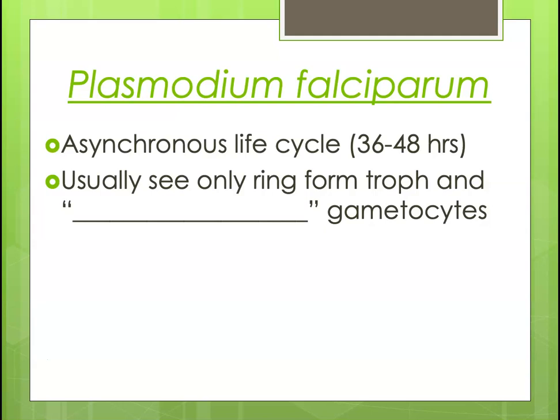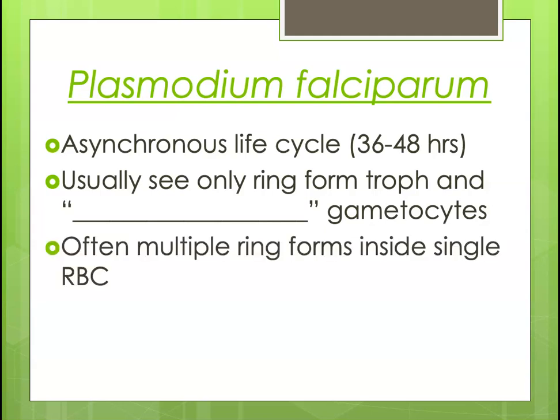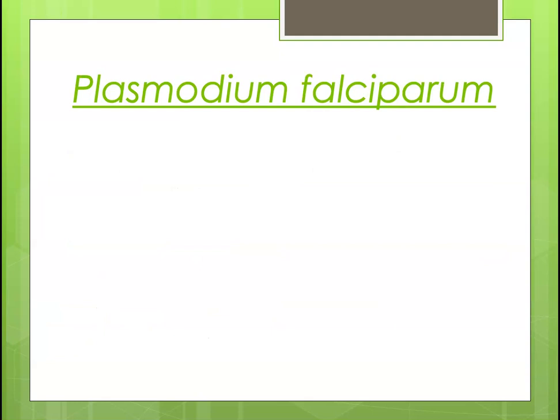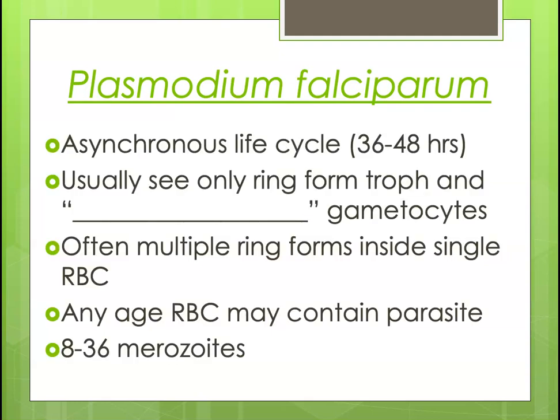So the last one, falciparum, is the worst case of being infected with Plasmodium. It has an asynchronous life cycle, so it can have a new life cycle every 3 days or every 4 days. It's just random. You usually only see ring-formed trophs and banana-shaped gametocytes. So this is the one where you definitely need to be able to identify the gametocytes because they are so unique looking.